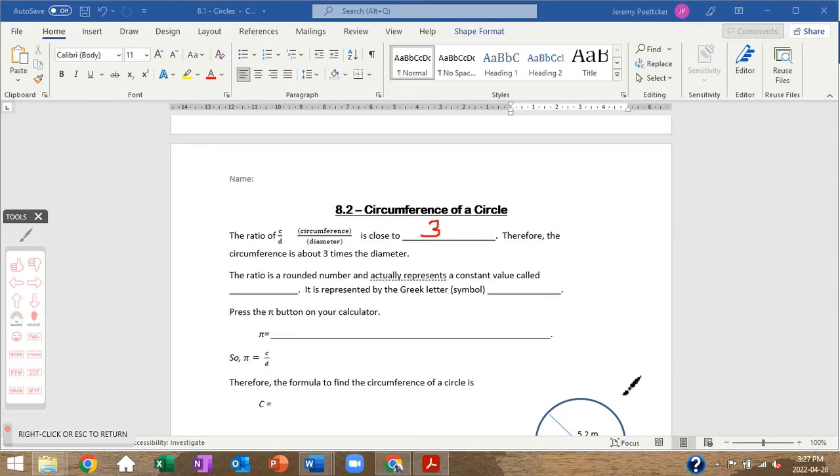All right? So coming back to this, circumference divided by diameter for any circle is close to 3. And this ratio is actually a rounded number when we say 3. It's not actually 3. And the fun thing about circles is that there's some cool stuff going on mathematically here. This ratio is a rounded number.